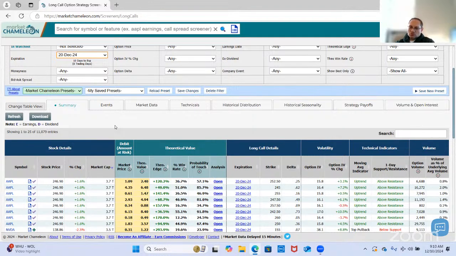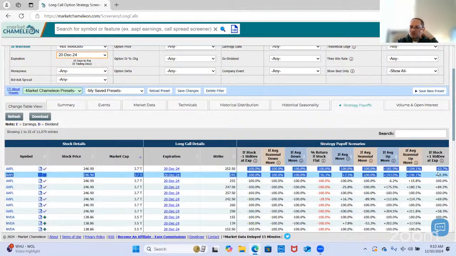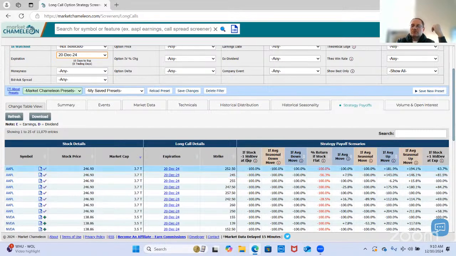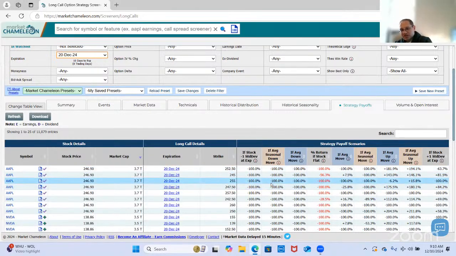So to do that, we could look at how the stock moved historically and then try to estimate the payoff from that. Okay, so let's say these are strategy payoffs. And you can see that we have these ranges here. So the first payoff is, what if the stock is down 1 standard deviation from today's price at expiration?